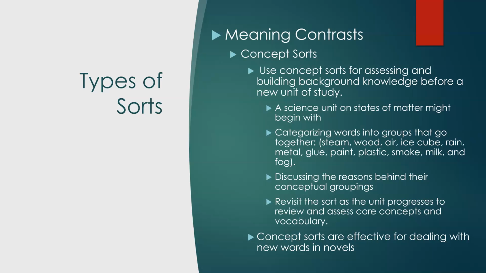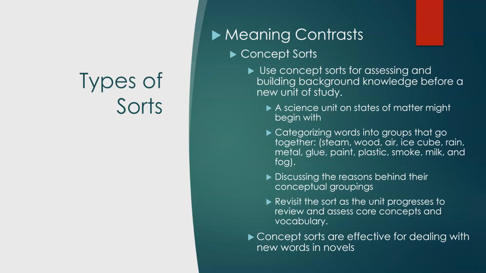So in a concept sort, you're going to use concepts for assessing and building background knowledge before you maybe start a new unit of study. So, for example, a science unit on states of matter might begin with categorizing words into groups that go together. Steam, wood, air, ice cube, rain, metal, glue, paint, plastic, smoke, milk, and fog. How might you categorize those?